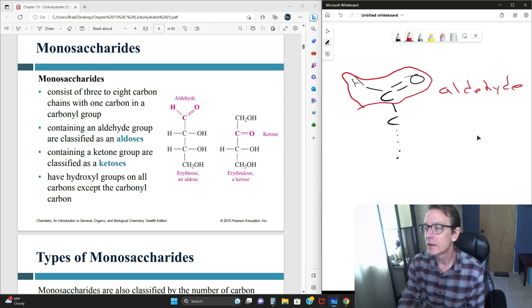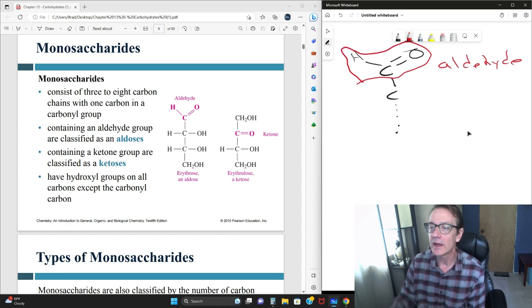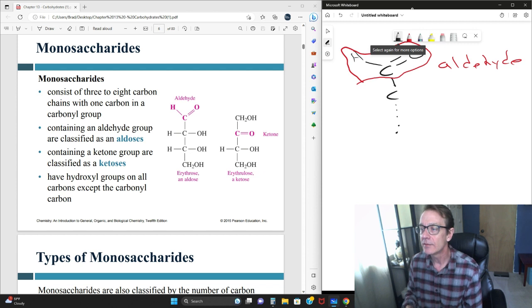The other major type that we have also involves a double bond to oxygen, but it is not on the end of a carbohydrate. So I'm just going to redraw this in the expanded form here.